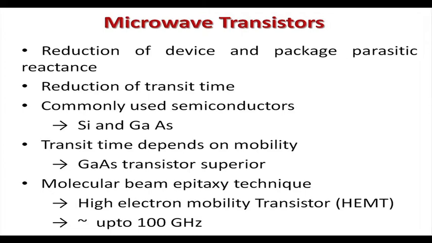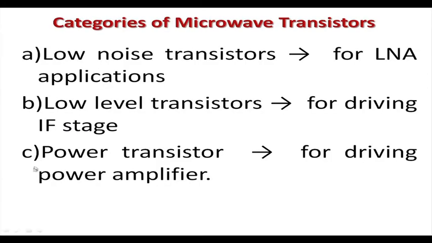Now, fabrication is by molecular beam epitaxy technique, and the transistor where we have high electron mobility is called HEMT, high electron mobility transistor. Up to 100 gigahertz nowadays you can get signals from microwave transistors as amplifiers, or transistors can also be easily used as oscillators.